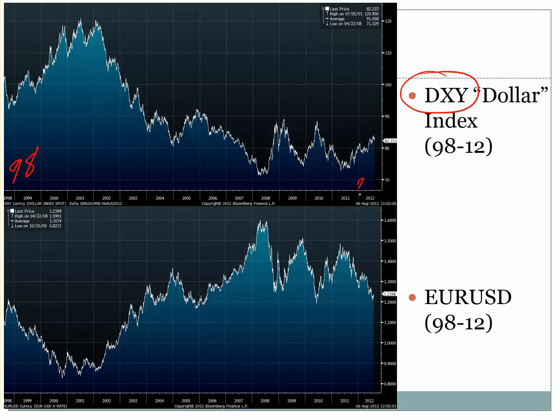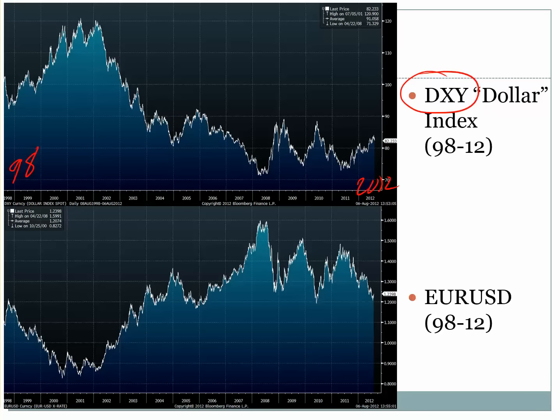We can look at the index now from 1998 to 2012, and what they've done is they've taken a weighted average value of currencies of our trading partners. So you would think it would be primarily the euro and Canadian dollar and the Mexican peso and the Chinese yuan.